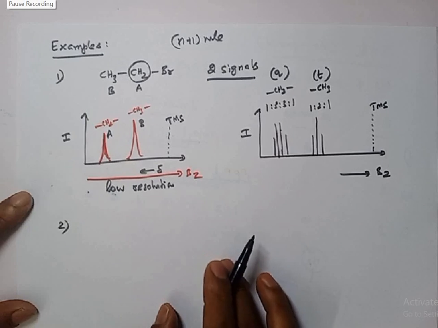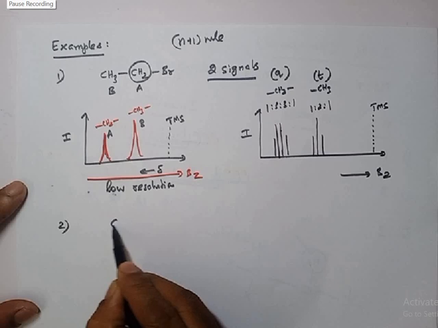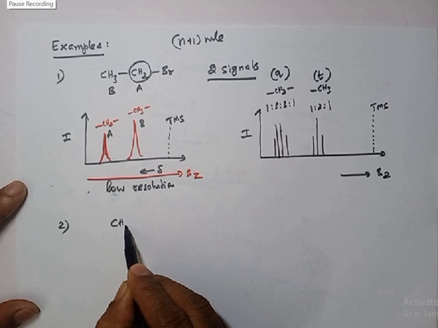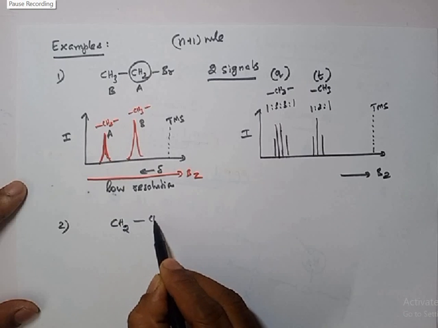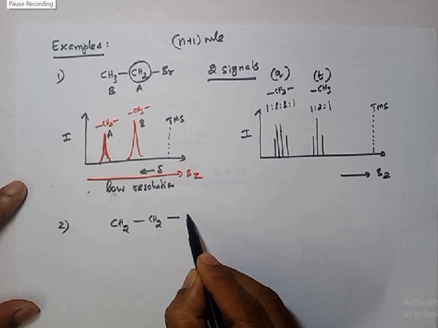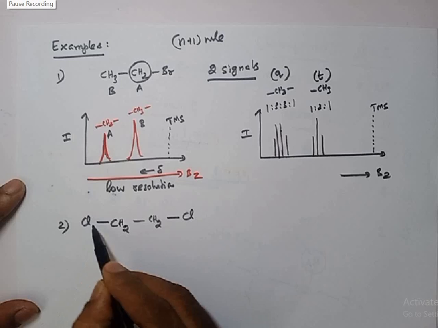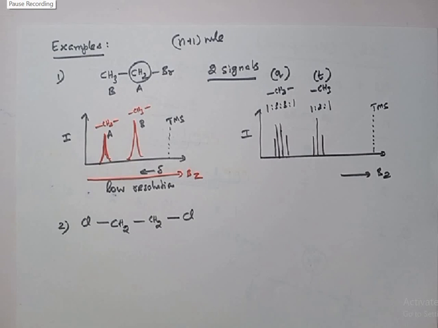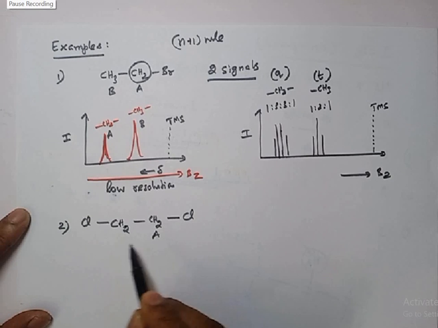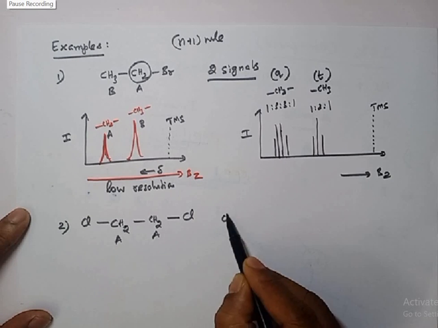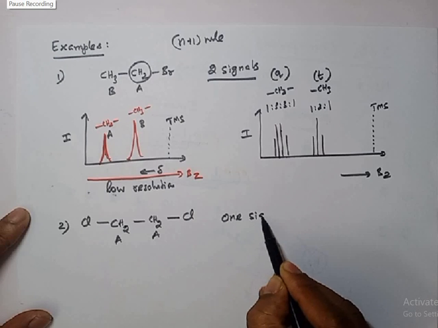Now listen here. Suppose I take the compound CH2Cl2, chlorine and chlorine. Tell me how many signals we get for this compound. Yes, this compound is symmetrical, both the protons are equivalent, so we get only one signal.